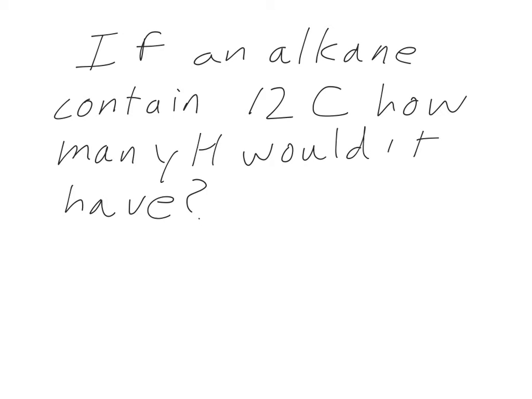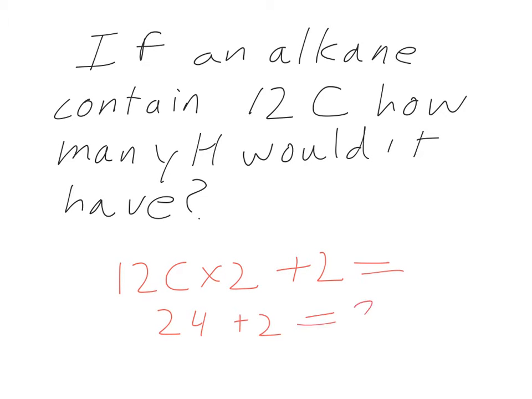Well, our formula says that we take our number of carbons, we multiply by 2, and then we add 2. So 2 times 12 is 24, plus 2 is 26. So it would have 26 hydrogens.